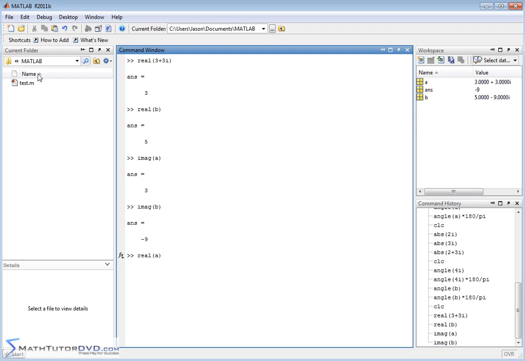So you might have a function in one of these .m files that calculates the integral, gets a complex answer, and then at the very end takes the real part and displays it as the answer. Maybe that's just your algorithm. So these functions, real, imaginary, absolute value, angle, are kind of trivial, but you might use them when you're programming, so that's why we're covering them.